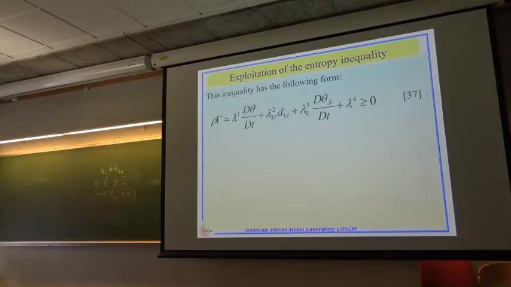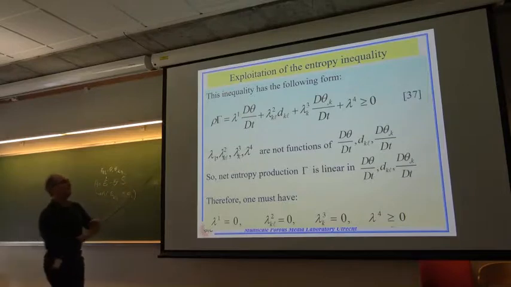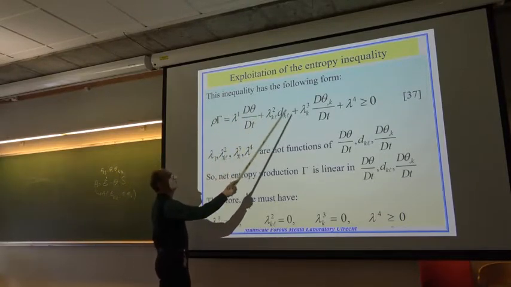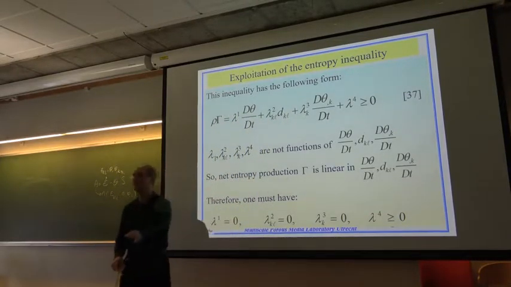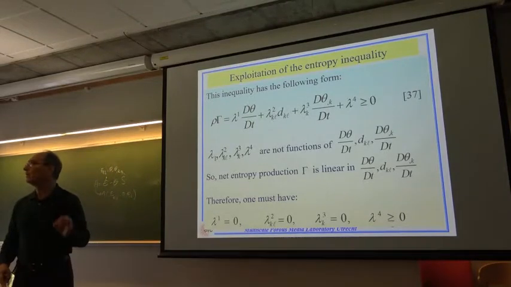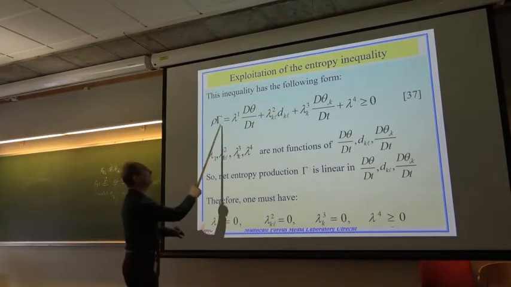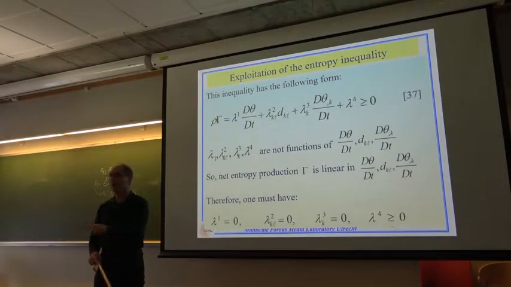I don't need it. The only thing is I follow mathematics and my physical axioms that I hope you agree with. So the only thing is that I need to have these coefficients to be zero identically, to ensure that there is no thermodynamic state that makes the entropy inequality become negative.